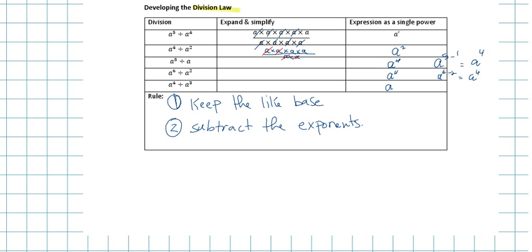So the rule for this, if you have a^m over a^n, you can write it either this way or this way, same thing, because they both mean division, equals a^(m-n). So that's your rule. Are we good with that?